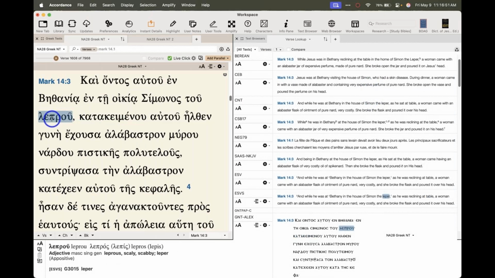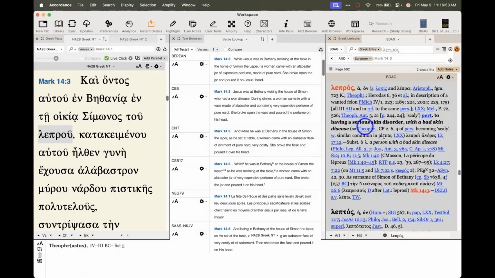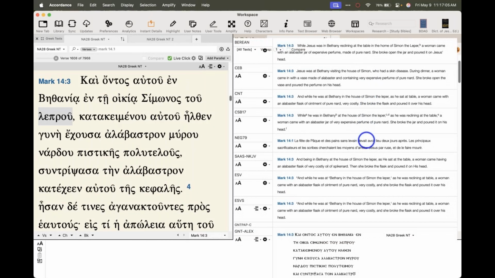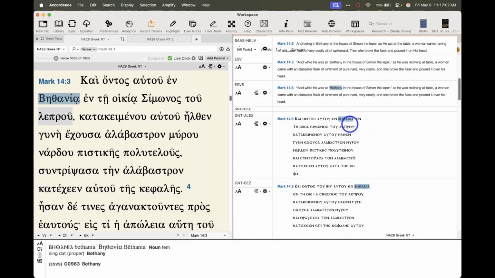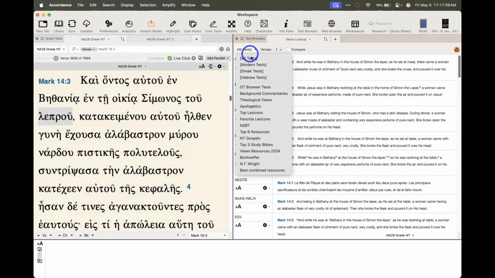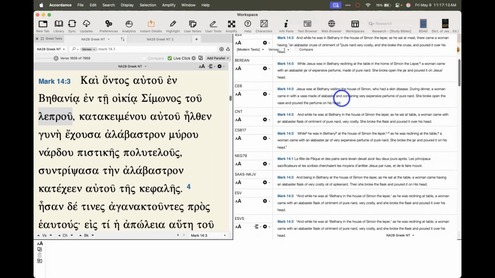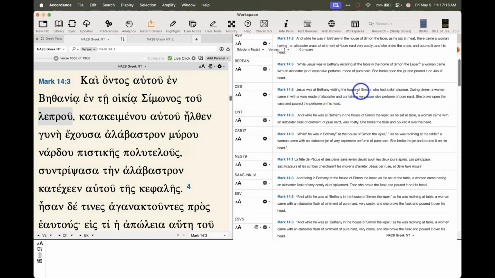And in fact, what we're not doing right now, you could do this, is think about, do you want to translate this as leprosy or as quote unquote skin disease? That's a consideration. But at any rate, here we have Simon who had a skin disease. Predominantly, you're going to get in translation Simon the leper, but it's interesting that here we're seeing Simon who had a skin disease.